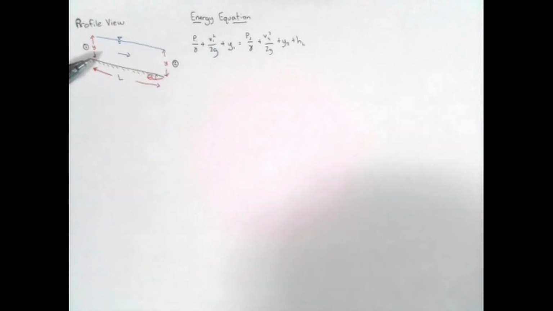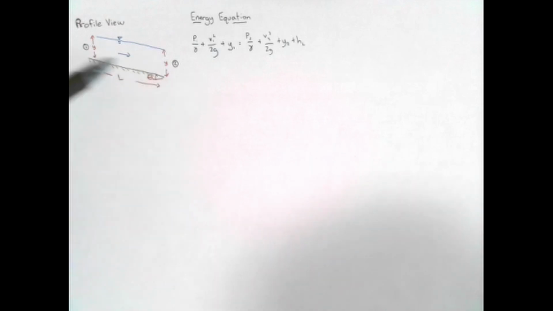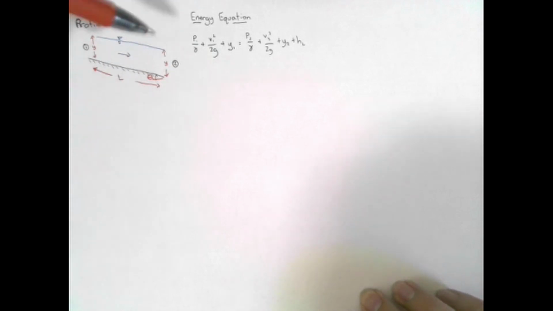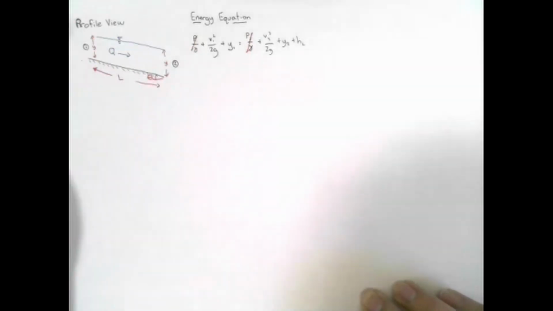If they have the same depth, can we say that their pressures are going to be the same or not? At the same depth, they should be the same. Exactly. So if they're the same pressure, because they have the same depth, we can cancel out the pressure terms. Likewise, if our system is steady and uniform, which means that there's a uniform flow rate and the cross-sectional areas are the same, we know that the velocities are also the same, and we can cancel them out.